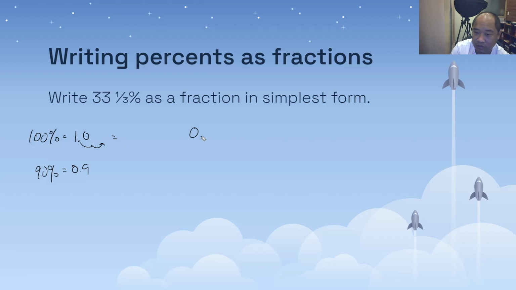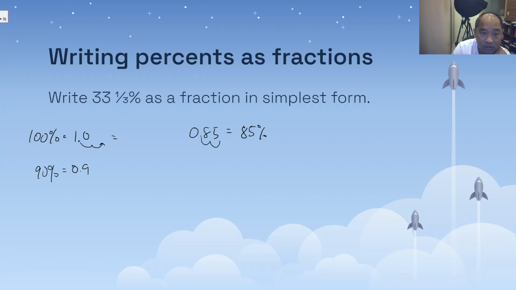So if you're dealing with 0.85, you would move this over 2 times, and that's 85%. So if you're writing 33.33% as a fraction in simplest form, well, first we have to convert it, right? Oh no, we're going to a fraction. Sorry. 33.33% as a fraction.